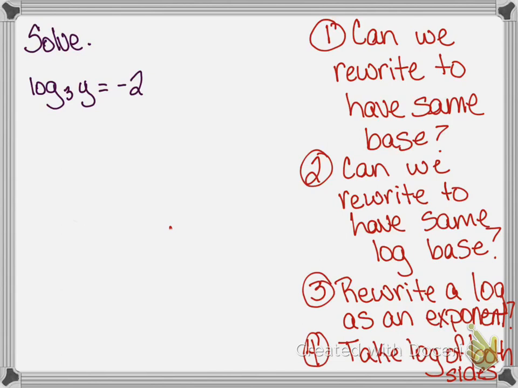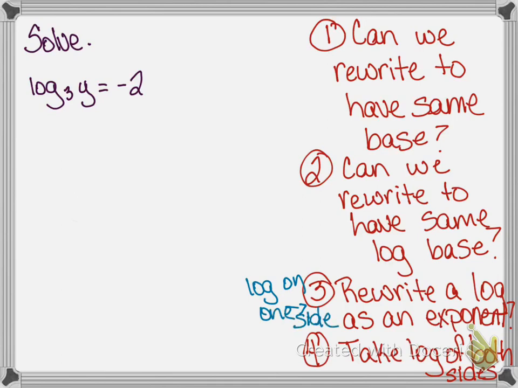Okay? So this is a situation where we are going to take the log and rewrite it as an exponent. That's something that you always want to look at when you've got a log on just one side. Okay? So do you see how I have a log on just one side?